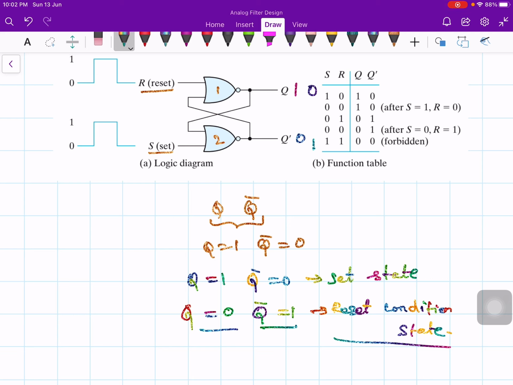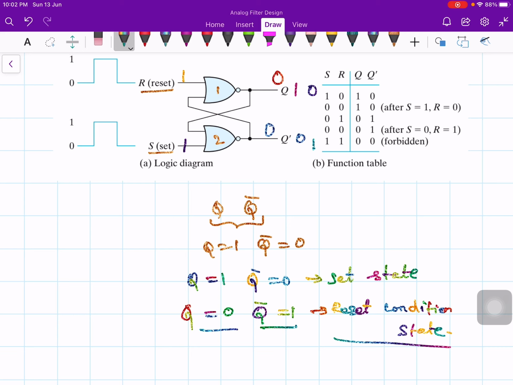However, when both the inputs are equal to 1, let's say this is 1 and this also 1, then what is going to happen? This also equals 0 and this also equals 0, right? So in that case, both the outputs are equal to 0.